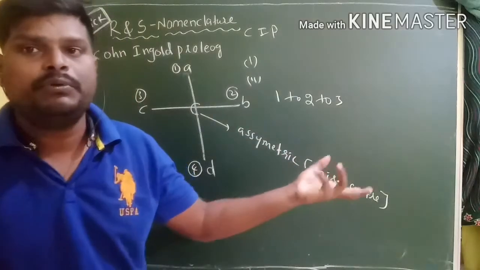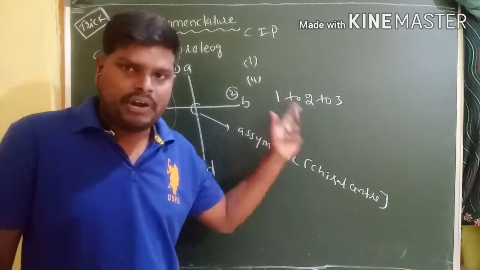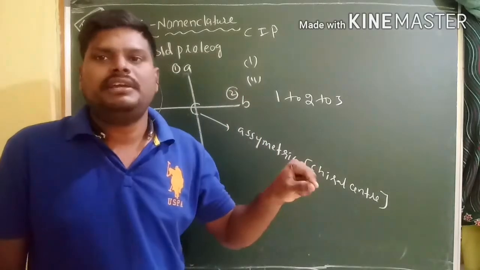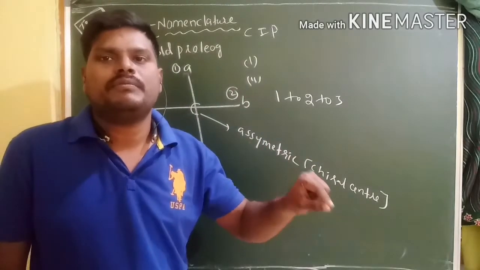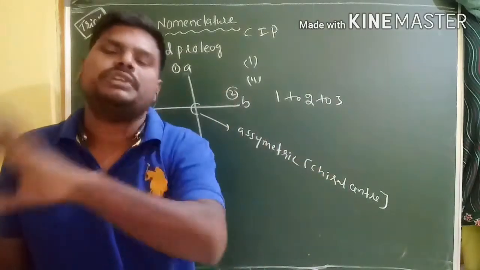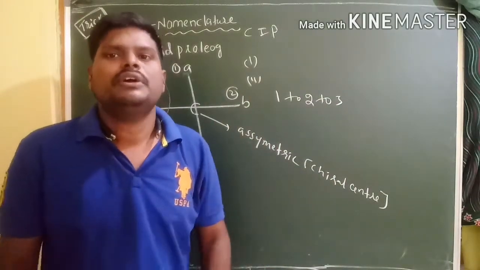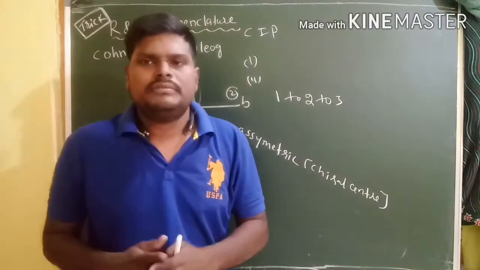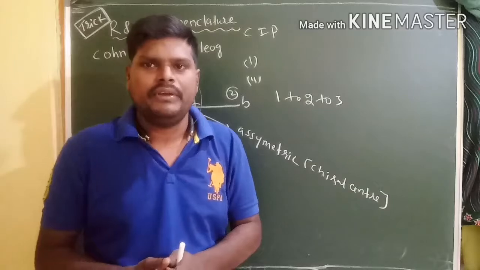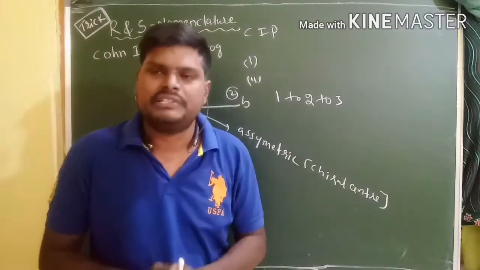And now what is step 2? According to the priority rules, now determine the direction of rotation of the given molecule while going from 1 to 2 and 2 to 3. Here you need to understand two more points about RS nomenclature.